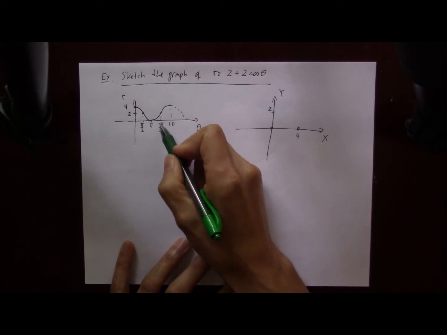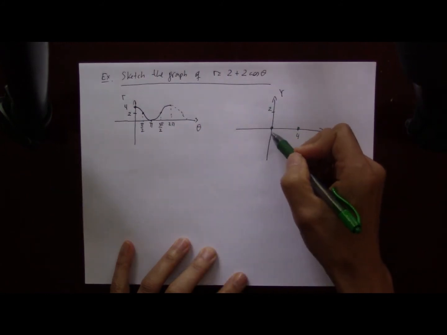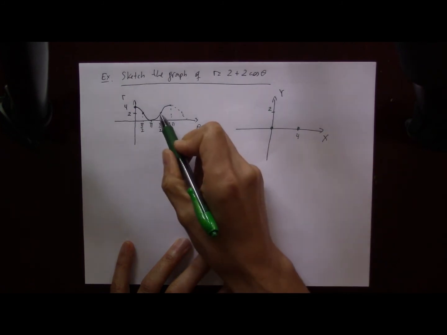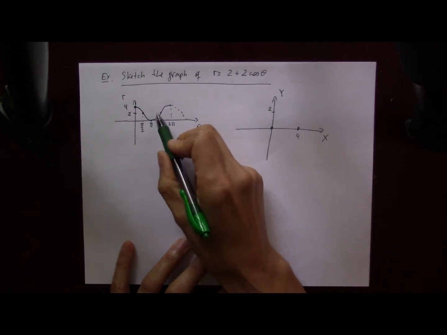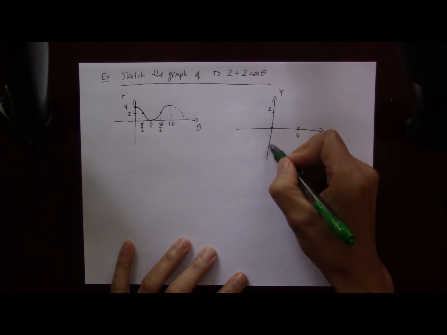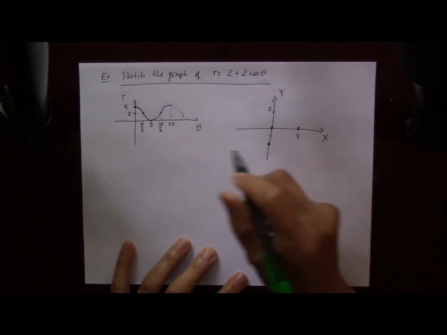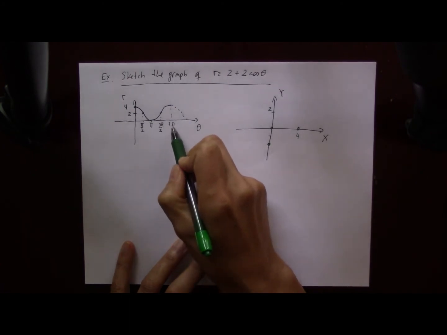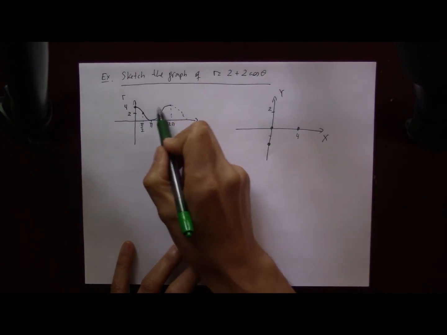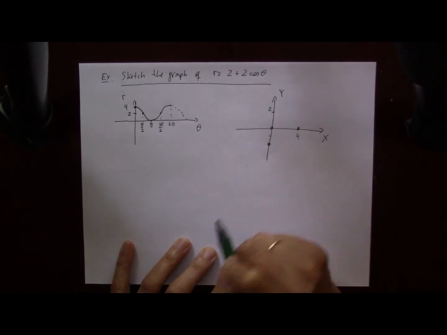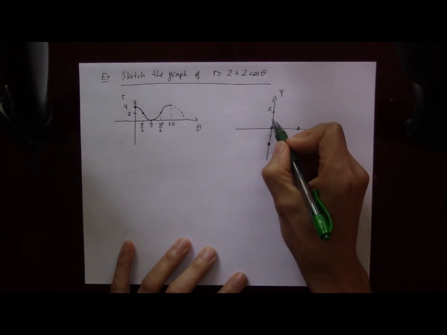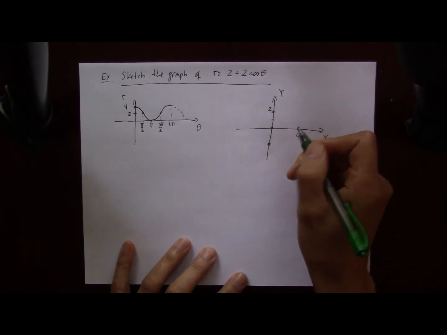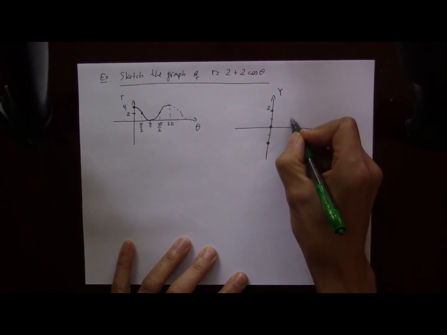Next point is when the angle equals 3 pi over 2, so we are on the negative part of the y-axis. Then the distance we should measure is 2, so measure 2 units in this direction. That's the next point. And the last point is when the angle equals 2 pi, the distance is 4, so we're back to square one. So now we connect our points with a smooth curve.